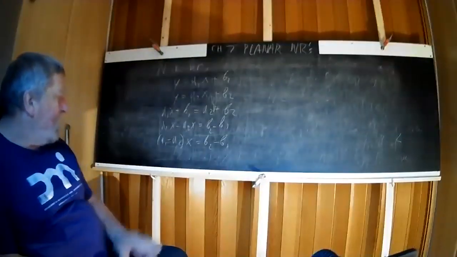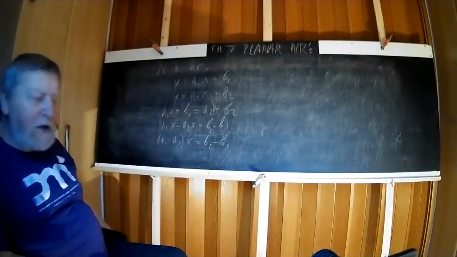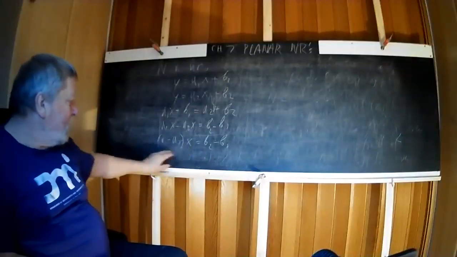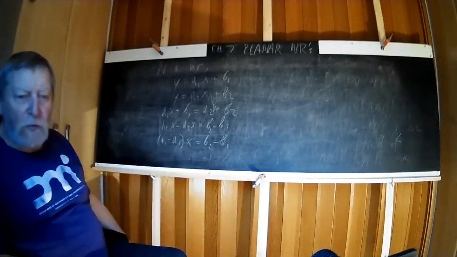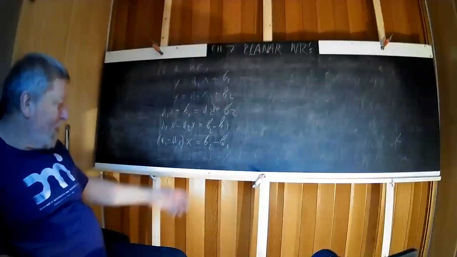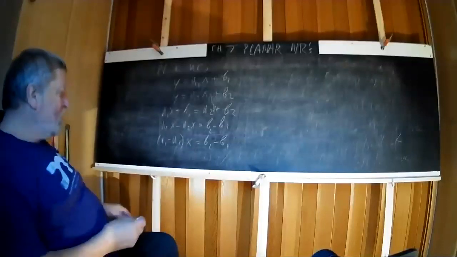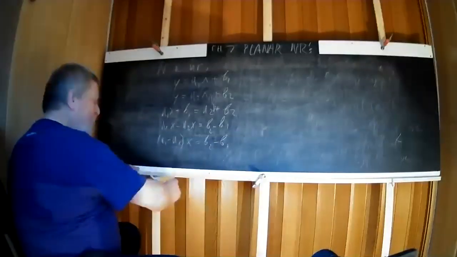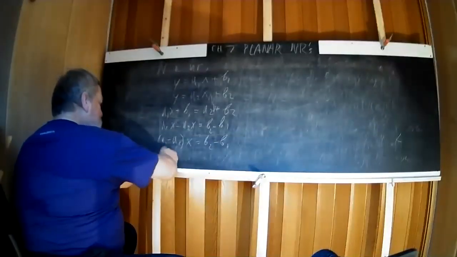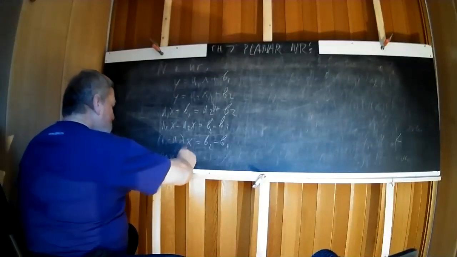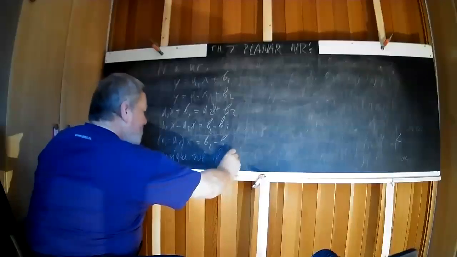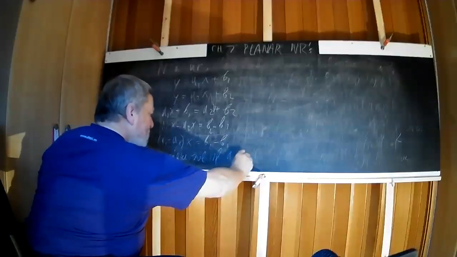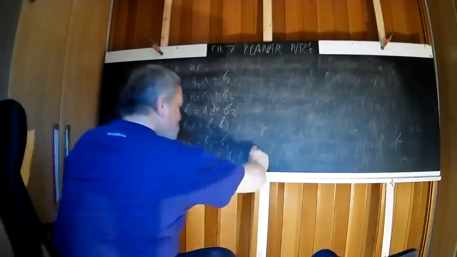We can say this equation has a unique solution if this element a1 minus a2 is invertible. Or we can say it always has a unique solution with b1 and b2 here. So it has a unique solution if a1 minus a2 is invertible.